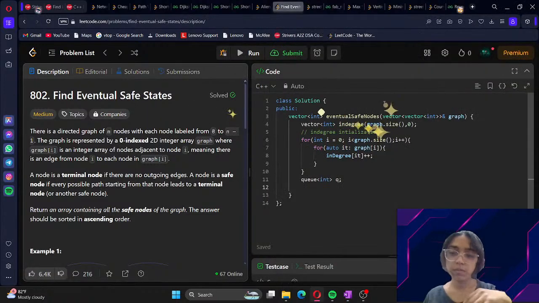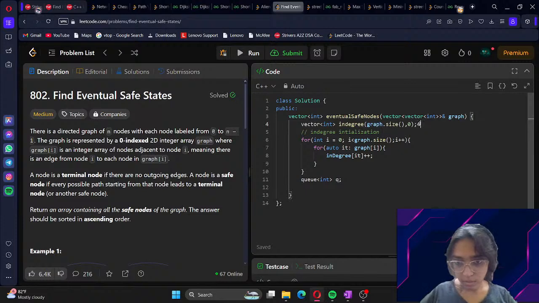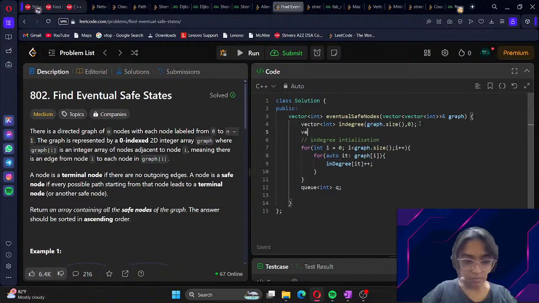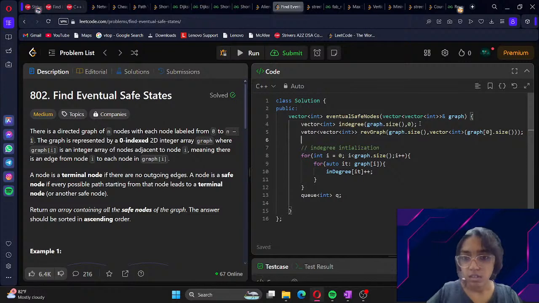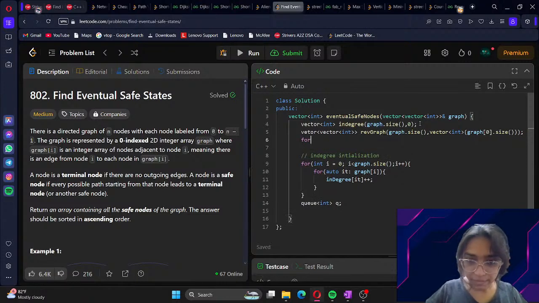Okay, so coming back to the code, what we'll do is make a vector for the reverse graph, with size graph dot size. So we initialize a reverse graph.